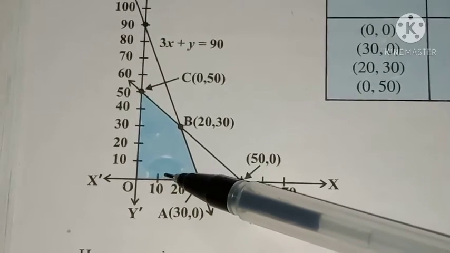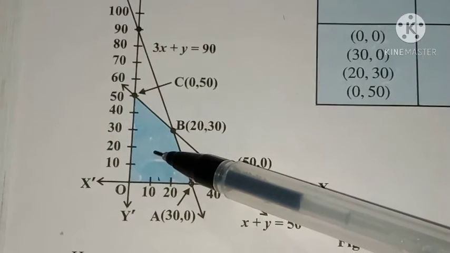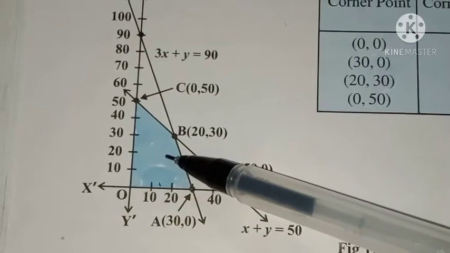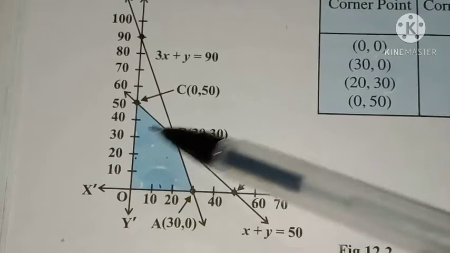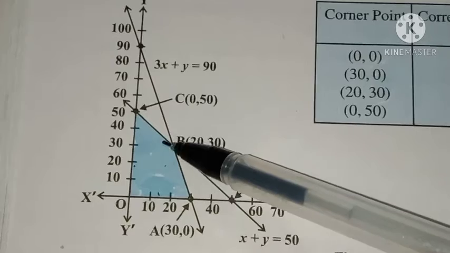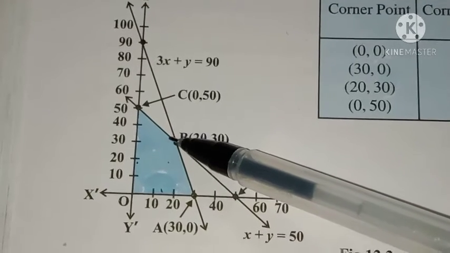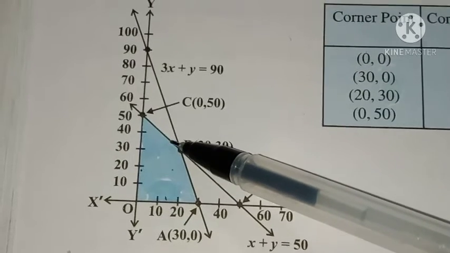Non-negative restrictions means x greater than or equal to 0, y greater than or equal to 0. So x greater than or equal to 0 means above the x-axis, and y greater than or equal to 0 means right of the y-axis. These two equations are given with inequality less than or equal to, so we have to shade the lower half plane of these two lines.